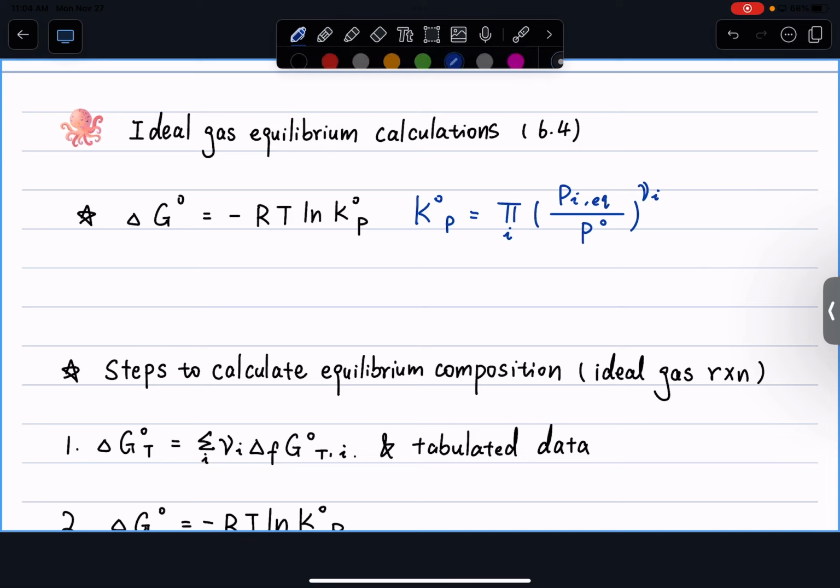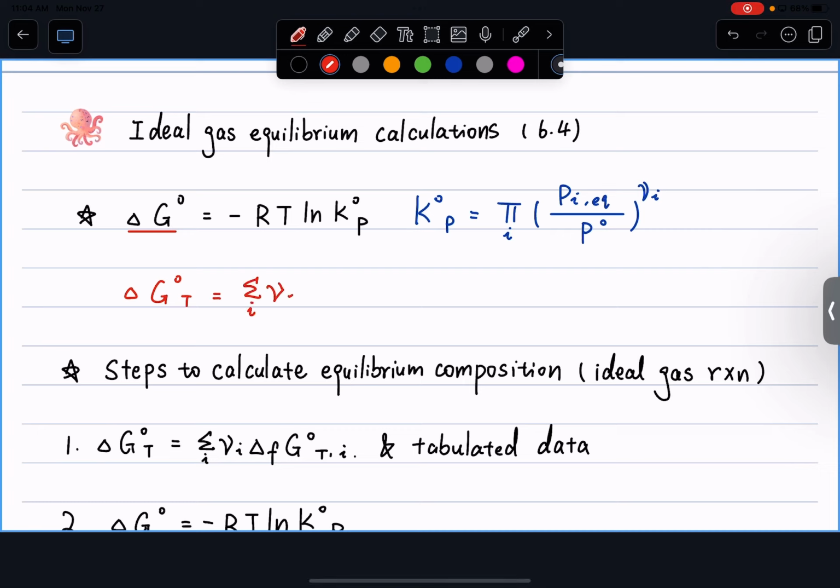In the first part, the delta G of the reaction at a certain temperature is the summation of the stoichiometric coefficient times the standard Gibbs free energy of formation at that temperature for species i.